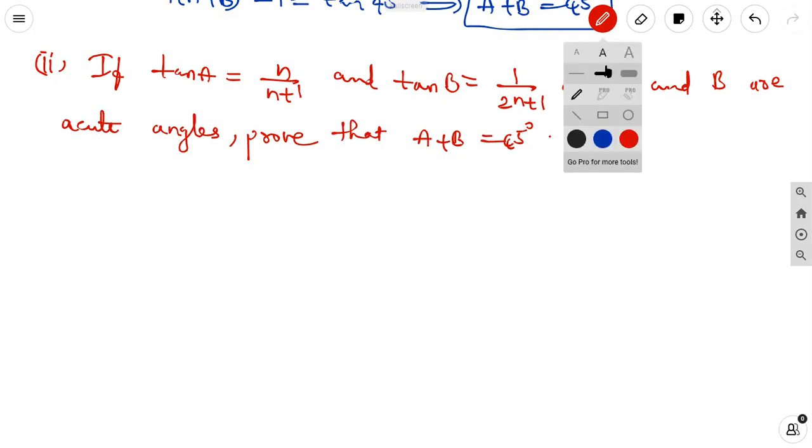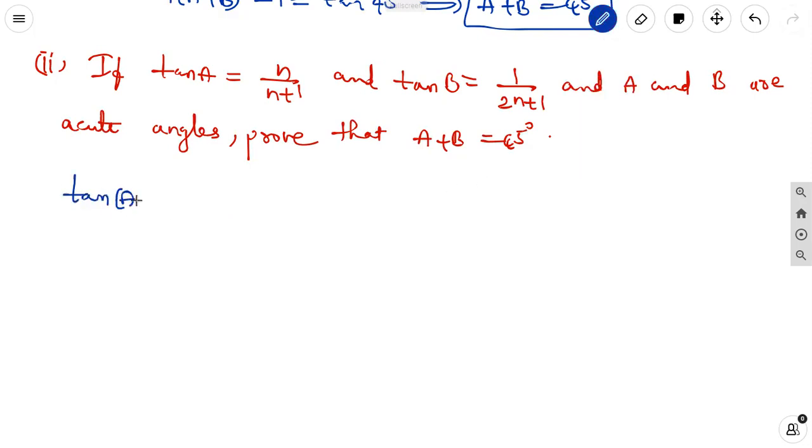Again similar to the above problem, here we can apply the tan of A plus B. What is the formula of tan of A plus B?